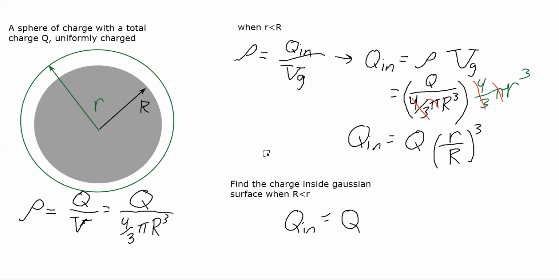All right, so let me change the situation a little bit here. What if I had a sphere with a non-constant charge density? So now let me draw the sphere again.